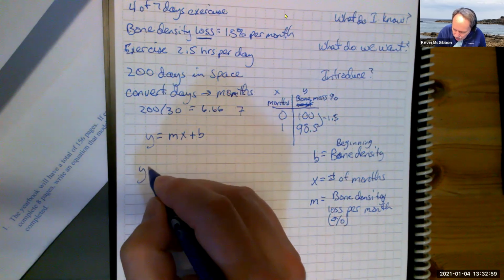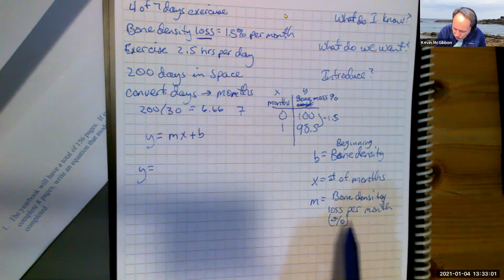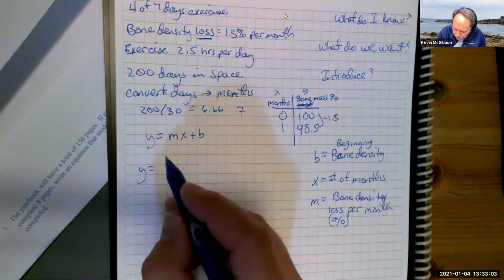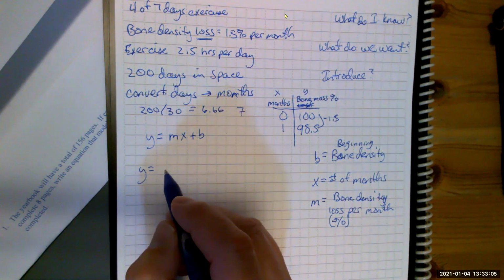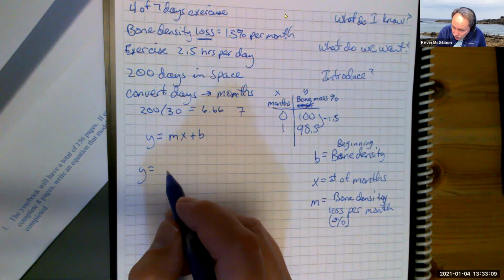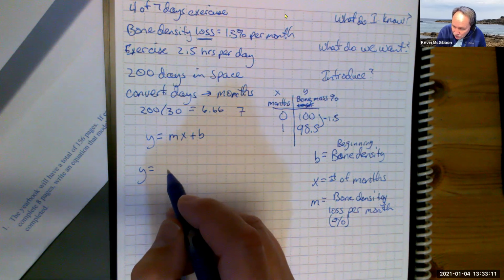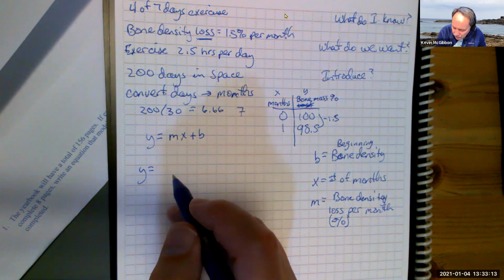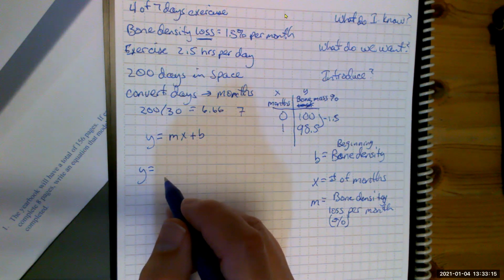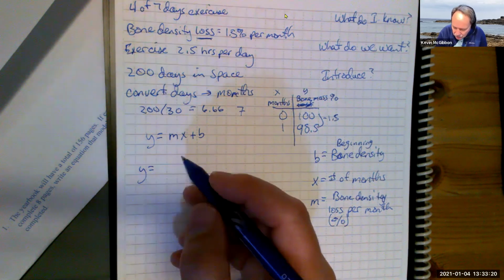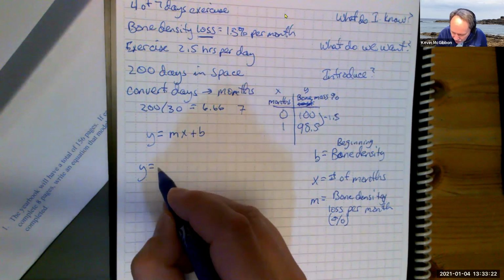So y is equal to, what's our bone density loss per month in terms of a number? 1.5. Is it? Negative? Wait, no. Why do we say negative 1.5? Because he's losing the bone mass. Loss, yeah, there we go. Loss would be negative. I like the way we looked at that.